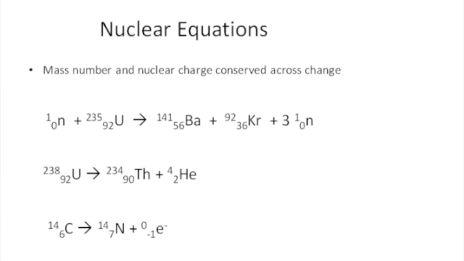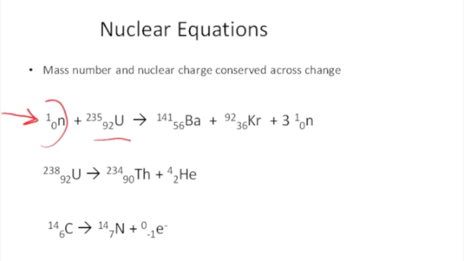Now, we've seen these nuclear equations, and what we've learned is that mass number and nuclear charge are conserved across the change. So this first equation right here is a classical fission reaction, where we've got your uranium-235 nucleus.